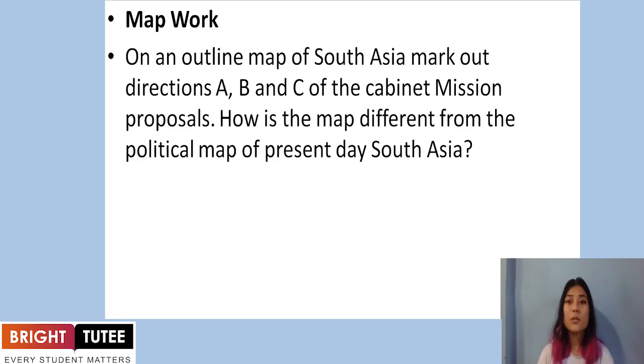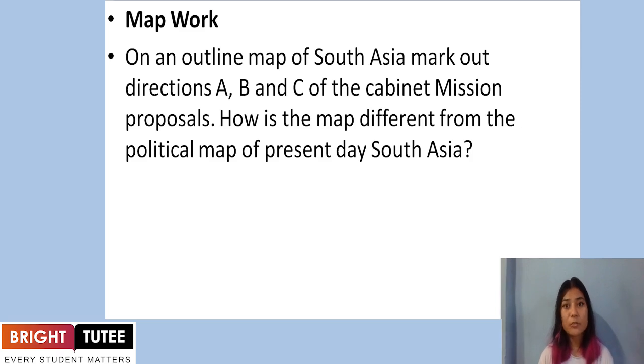I come to an end of this chapter. Very quickly, let me tell you what this chapter was all about. So this chapter was all about the partition of India, a very significant event that took place in the year 1947.